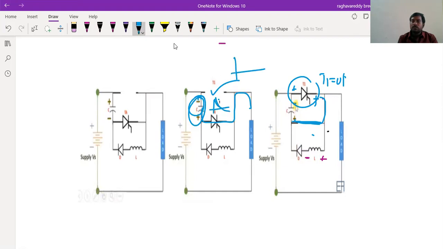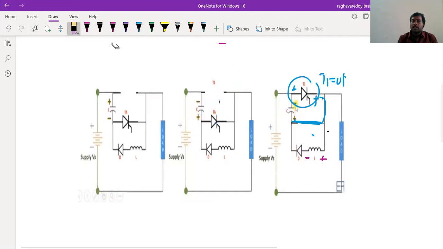Again it will store the energy, and again it will charge the capacitor with positive and negative, like this.